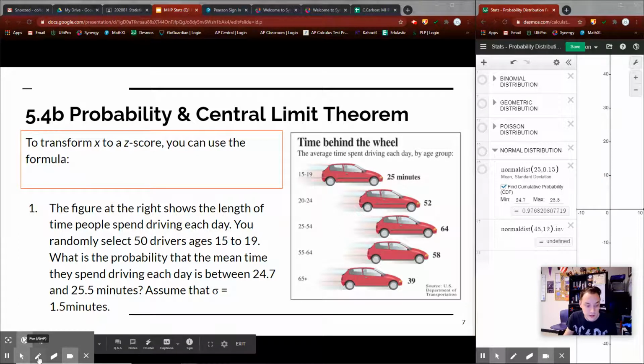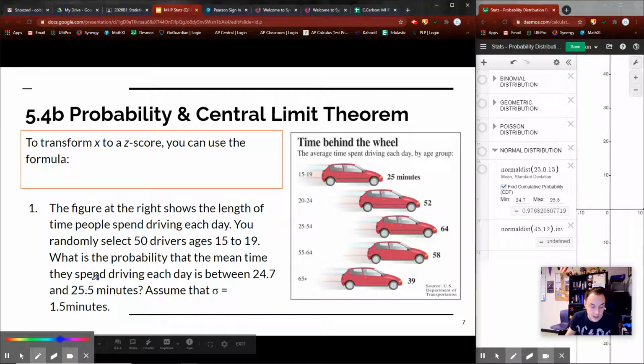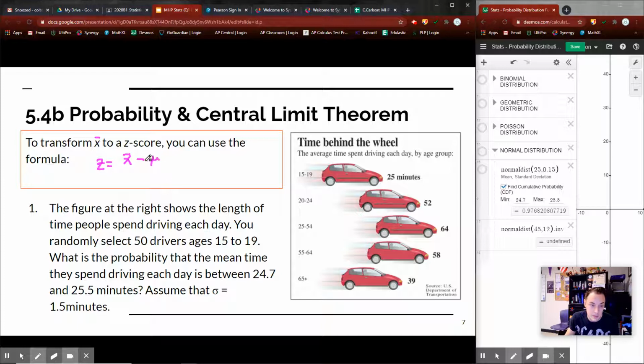So let's put this in purple. z will now equal x bar minus my population mean, all over the standard deviation of my sample means.